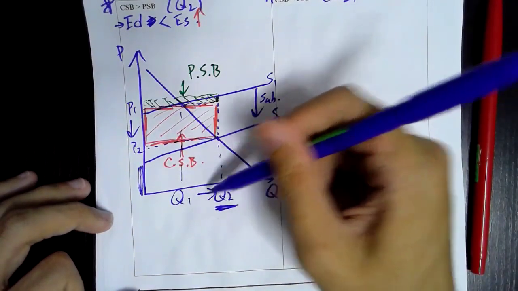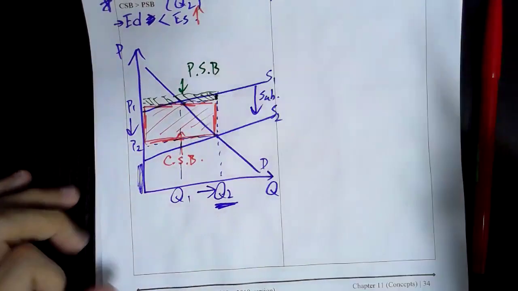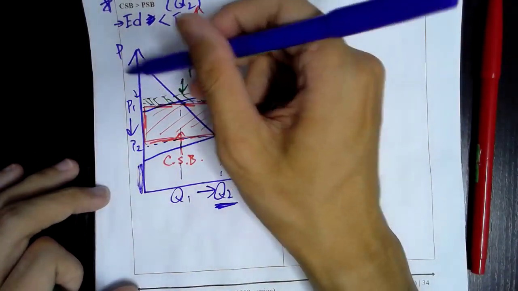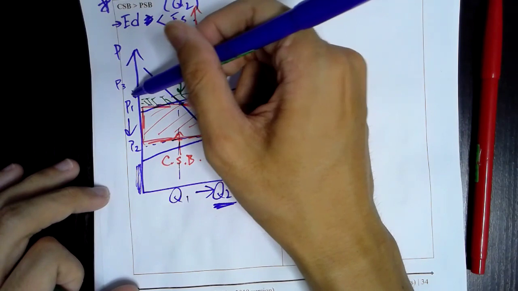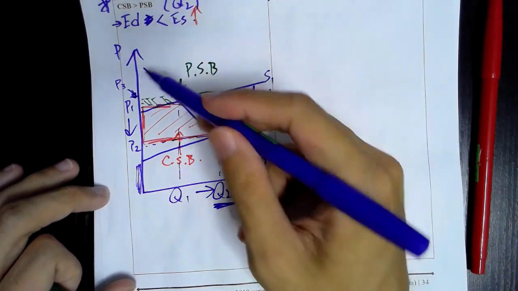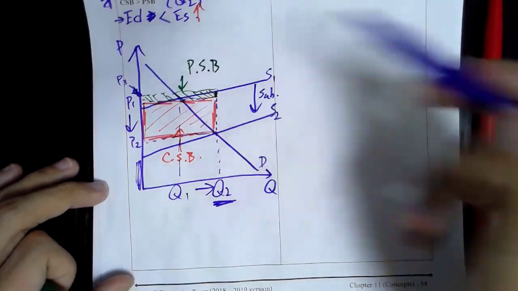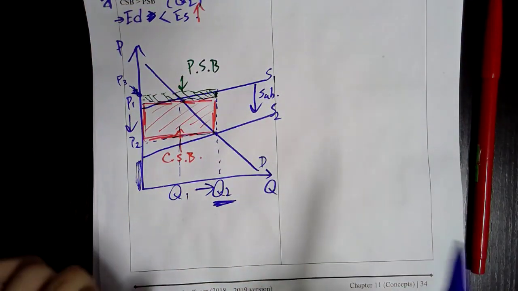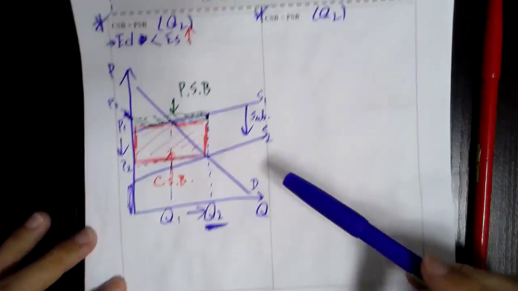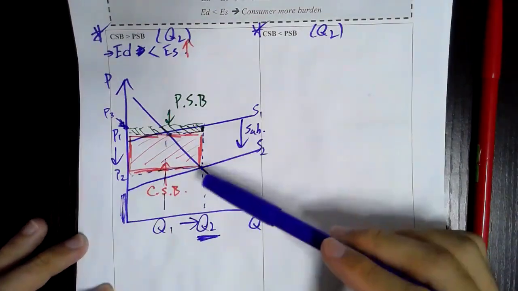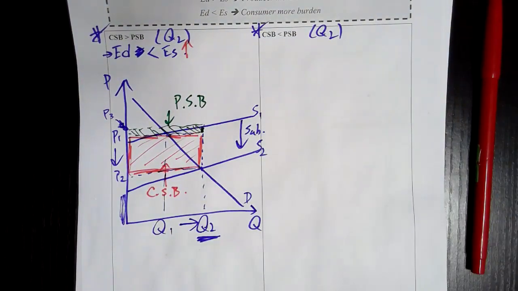And you see, quantity has increased and price dropped. We also give a reference, P3, which should be right at this point. There's not enough space to write it. So this is how. Now let's check: we want the consumer subsidy benefit to be larger than the producer subsidy benefit.